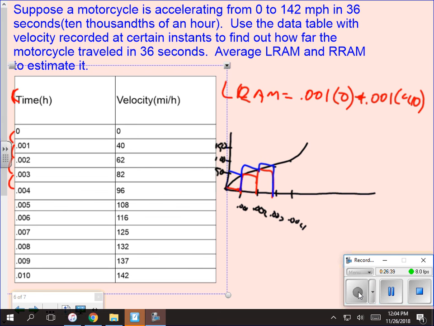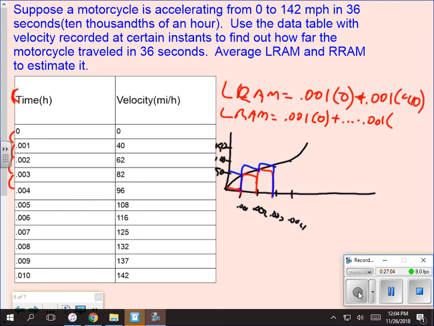So if you look at this, like I said, if you kind of turn your head, this is the x-coordinates. These are the corresponding y-coordinates that go with it. So when you do your LRAM, your first one has a height of 0, and our last one has a height of 137.